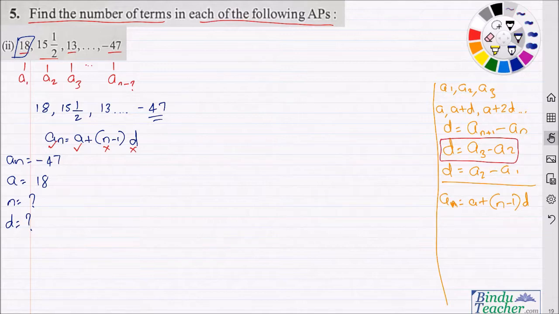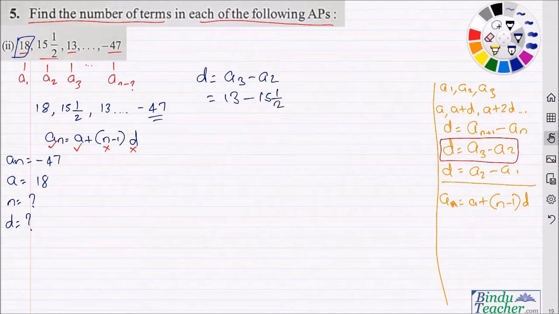So we will write D equals A3 minus A2. So here the value of A3 is given as 13 minus the value of A2 is given as 15 1 by 2.